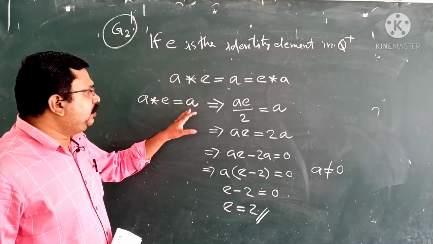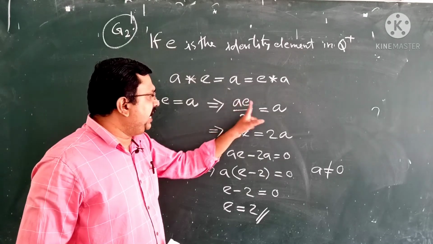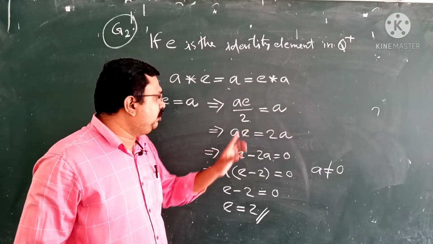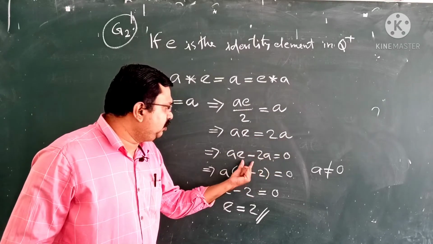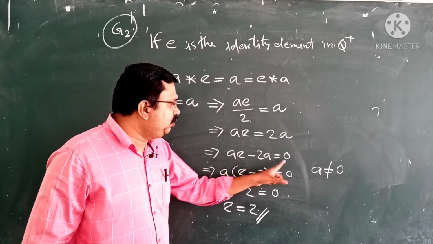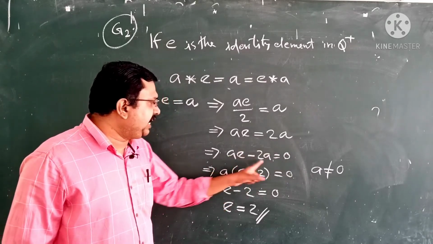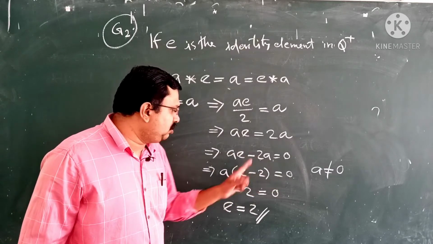A star E equal to A, but we know that A star E is A into E by 2, that is equal to A. Then AE equal to 2A. 2A is shifting to here, plus 2A will become minus 2A. AE minus 2A equal to 0, that is A can be taken outside, A into E minus 2 equal to 0.